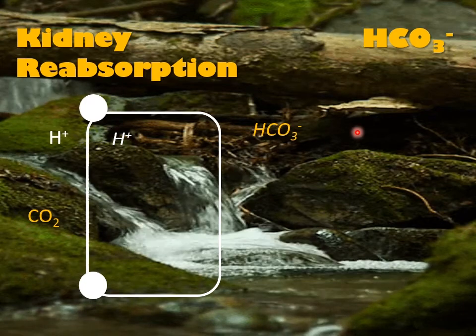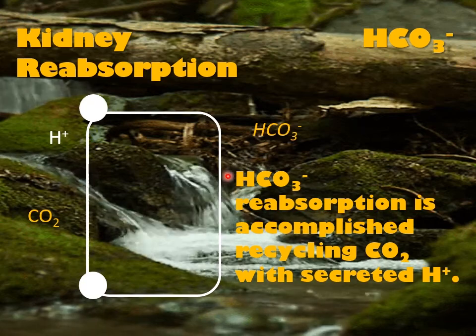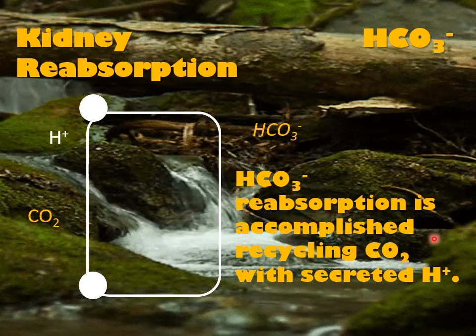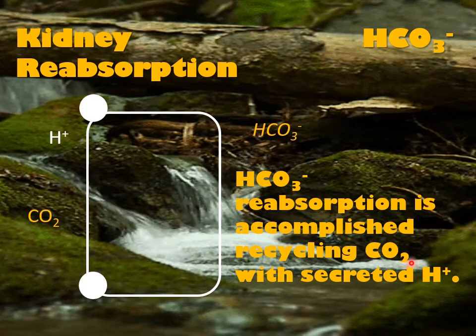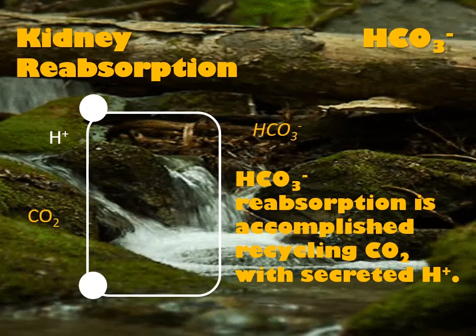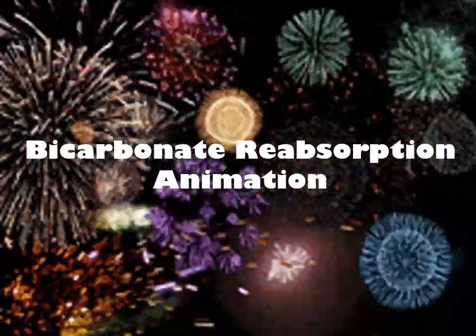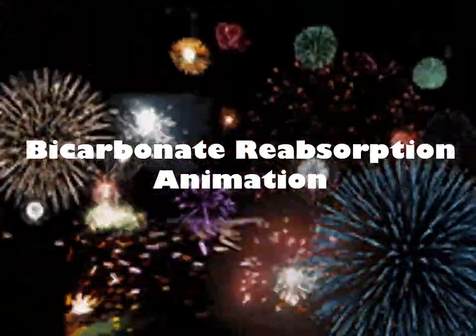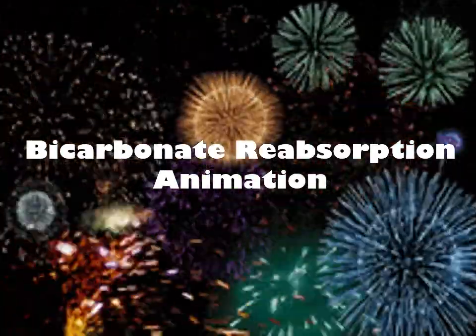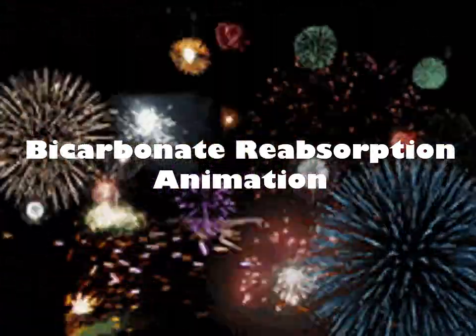So remember this key point: for bicarbonate reabsorption, we have to recycle carbon dioxide with the aid of secreted protons. So let's now look in action all the animation with all the steps occurring all at once, so you will have an idea of how this is occurring all over again.